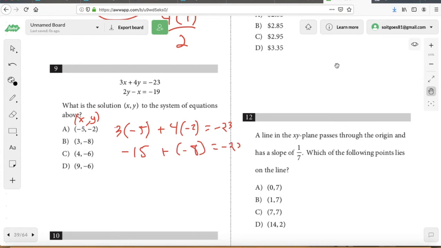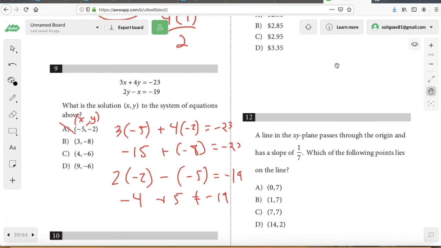And I'm going to plug in that -5 again for x, but I've got 2 times y, but it's not y here, it's -2. Minus x. X is -5. That's supposed to equal -19. We'll see if it does. We get -4 minus -5, which is plus 5. That doesn't equal -19, so I don't have to worry about answer choice A. It's gone. The arithmetic doesn't work out.